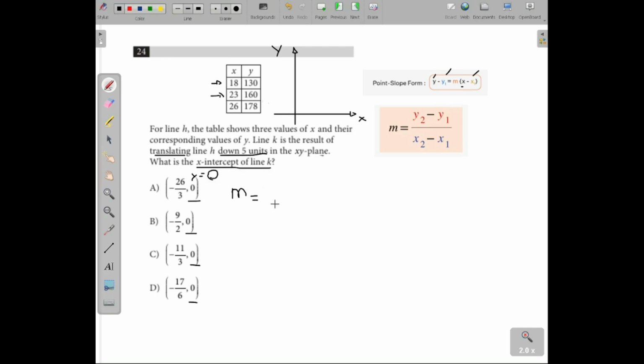One value of y, 160, minus the other value of y, 130, divided by the difference of the values of x, 23 minus 18.